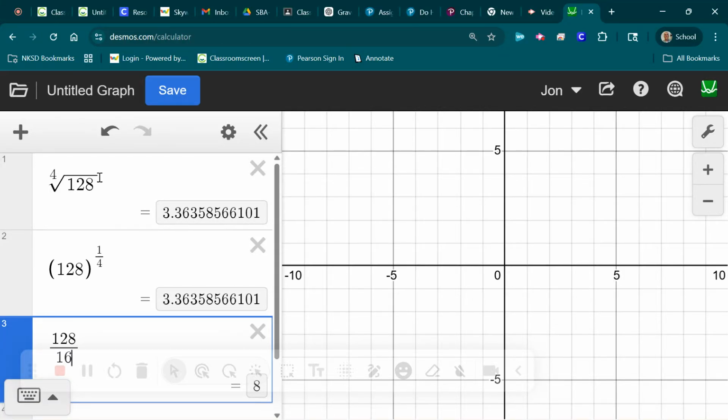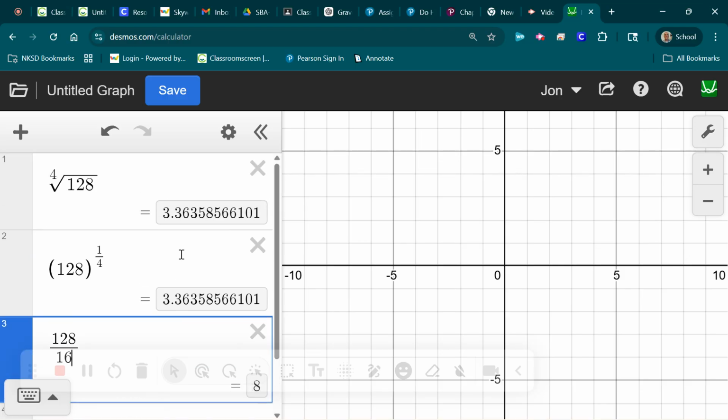There should actually be 4 answers. This is the only real answer that we get, but negative 3.363 would be a real answer too. So we've got 2 real answers, and then we'd have 2 with an imaginary component, and we'll talk a little bit about that.